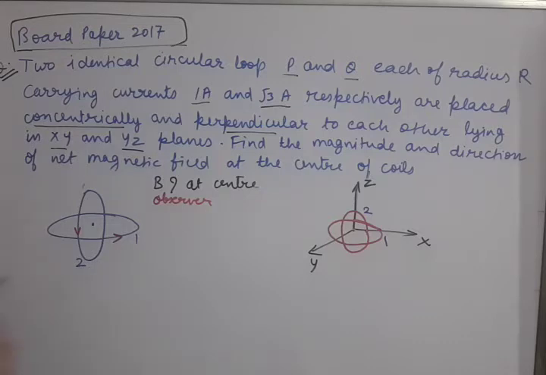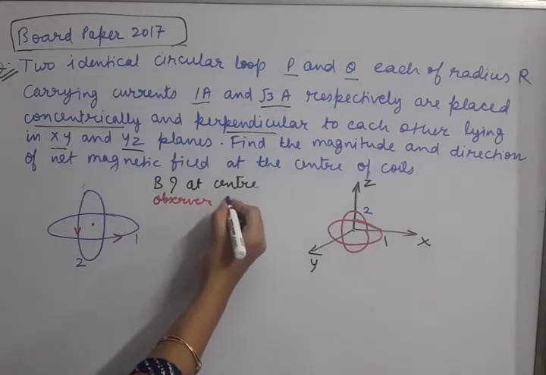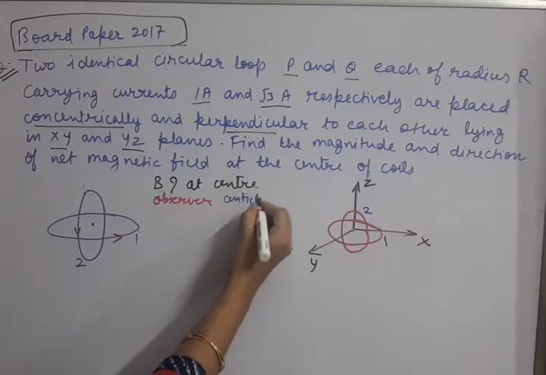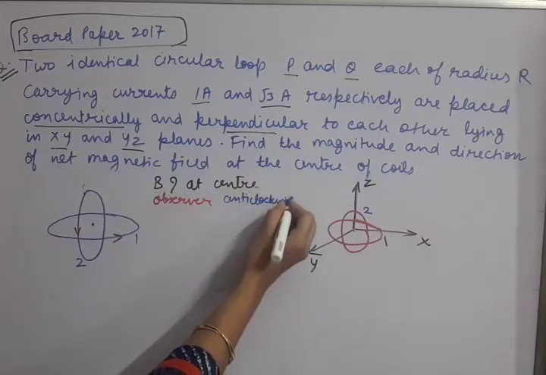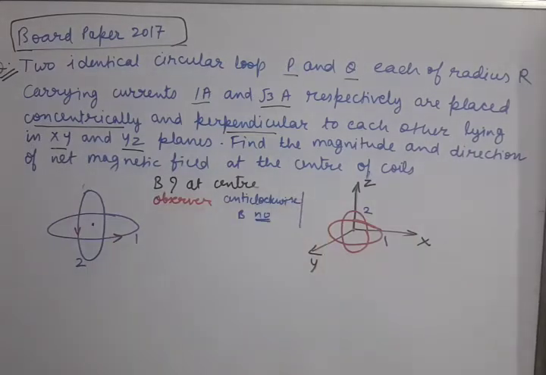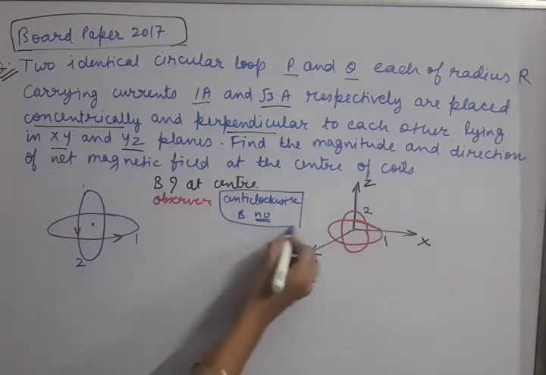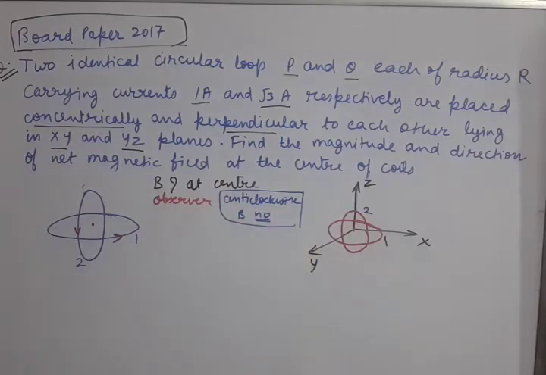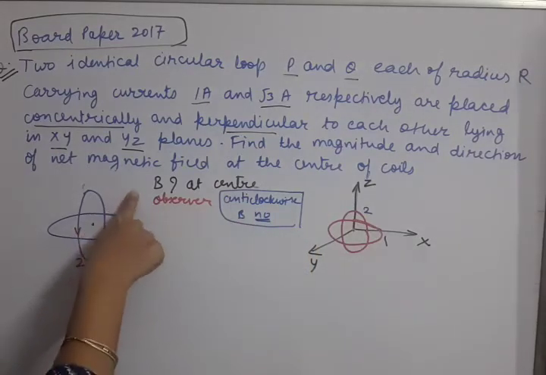So the rule we will remember: for anti-clockwise current, the magnetic field B is normally outwards, and just the opposite for clockwise current. Now the observer is standing on the top.